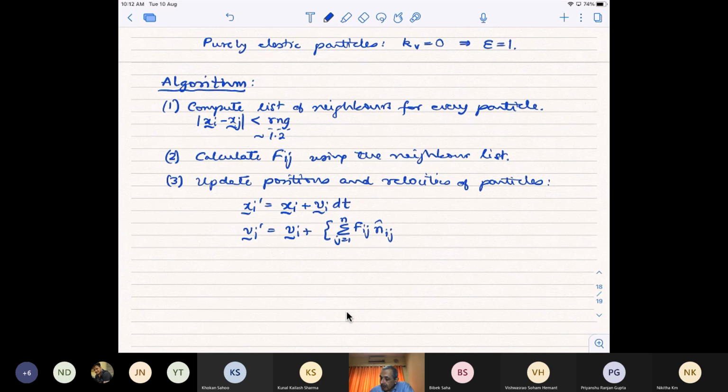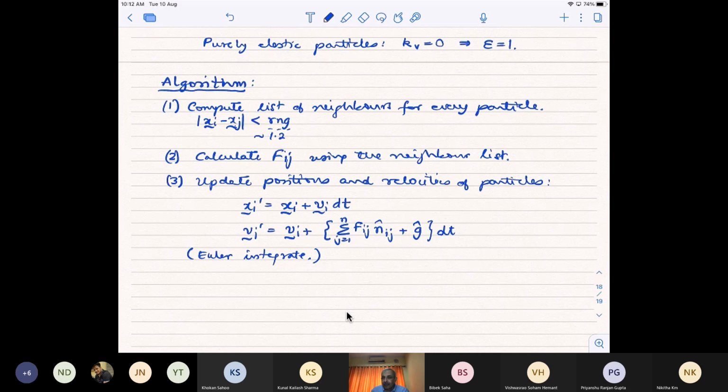So this has to be a vector equation, plus g hat, this whole thing multiplied by dt. So this is a simple Euler step. It's called the most inaccurate, but okay, the simplest.